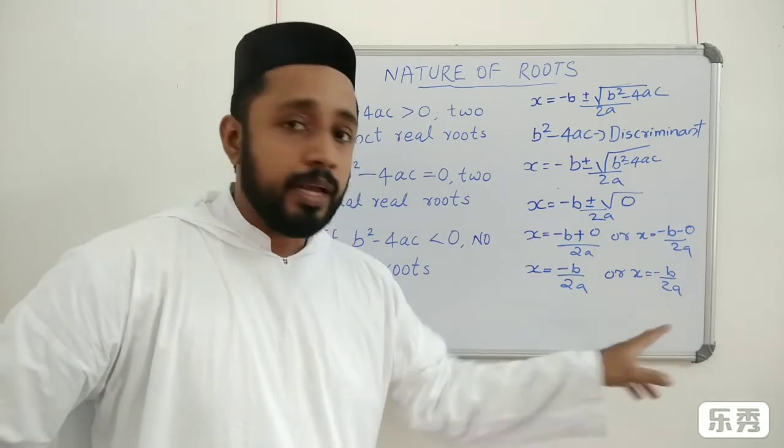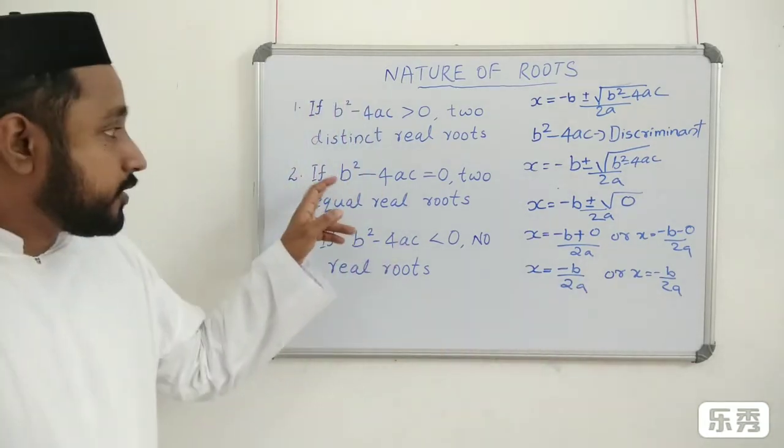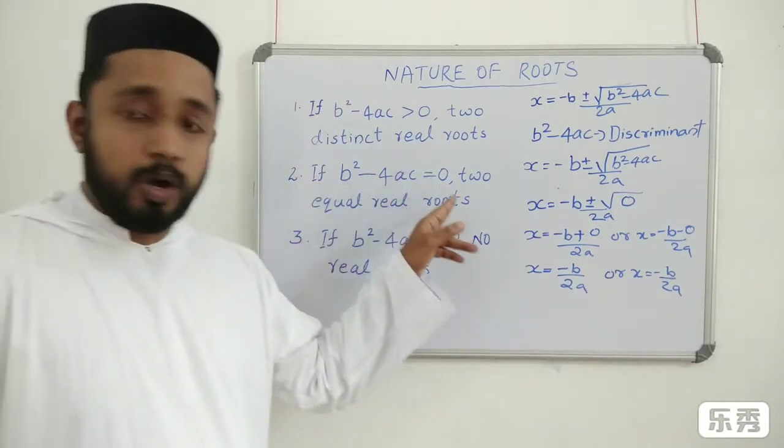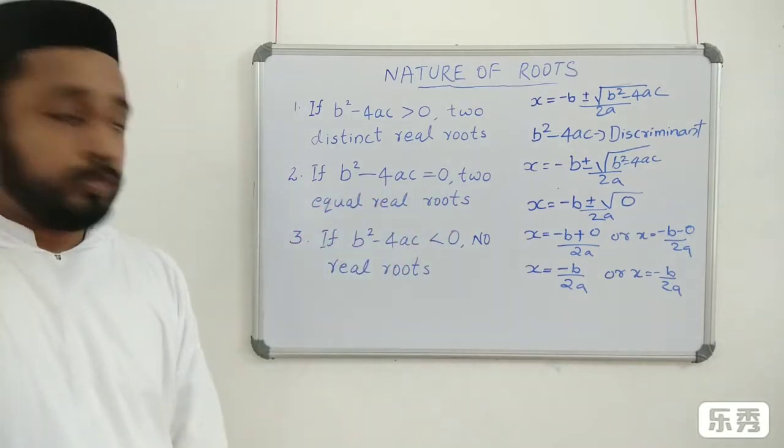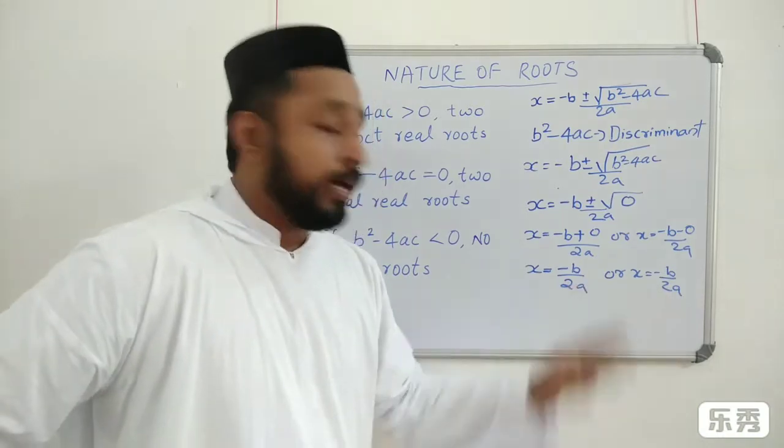So both roots are equal. If b² − 4ac = 0, the two roots are equal, two equal real roots. Both are real.